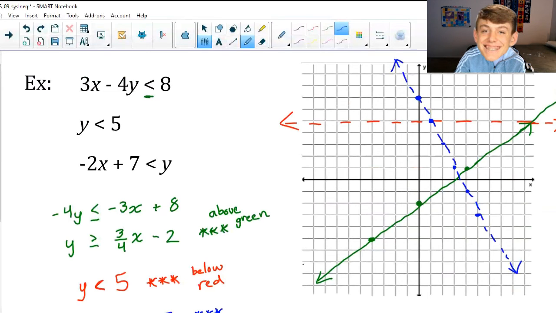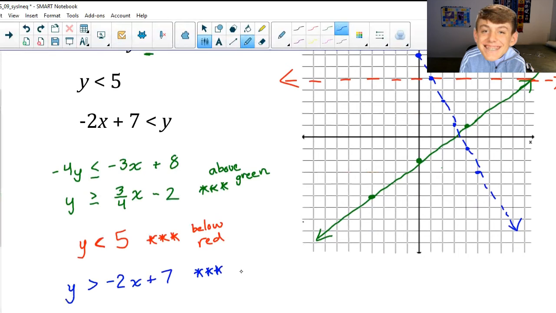It's kind of a poorly drawn line. And thinking about what we want, since it is y greater than, then we want to be above blue.